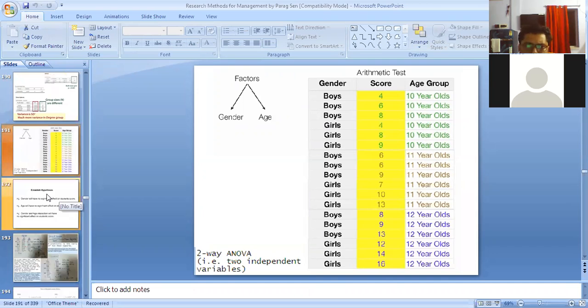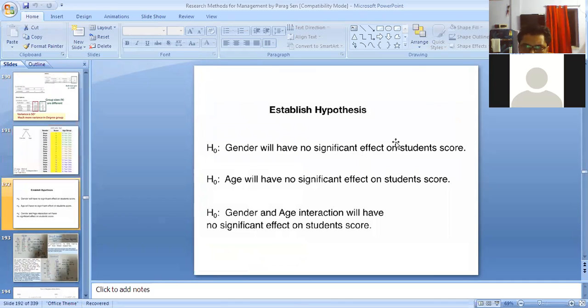So now we will see what our hypothesis testing will be. These are our hypotheses. There will be 3 pairs of hypotheses.